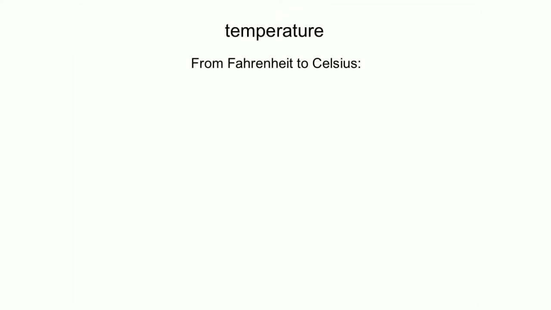Now, it's very useful to relate these temperature scales and to be able to make conversions between them. If you want to make a conversion from Fahrenheit to Celsius, you take your temperature in Fahrenheit and subtract 32 units of Fahrenheit. Then you multiply that by 5 and divide by 9.